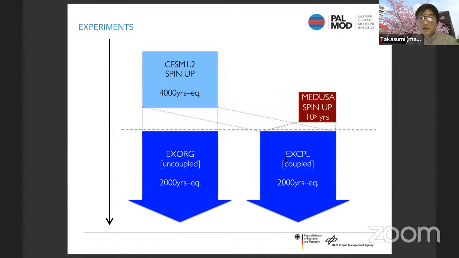The other one is X-couple, with the new coupled model. We took restart information for CESM from this spin-up and the sediment restart for Medusa from this, and then made a new coupled run. The communication between the two models happened 10 times during this simulation.